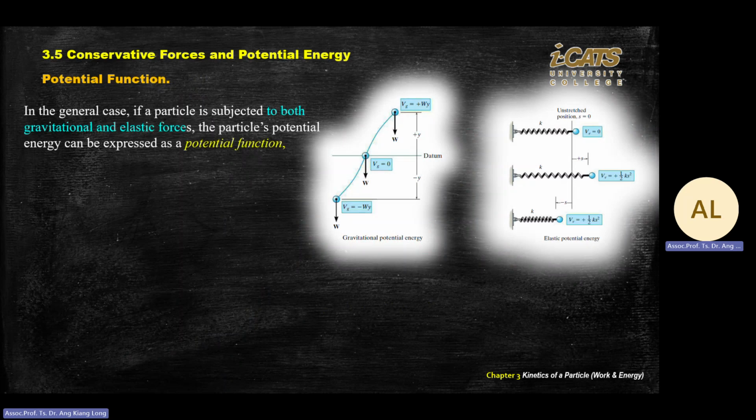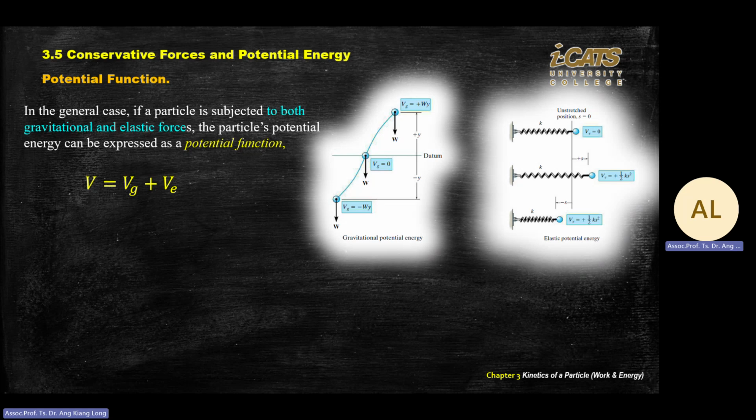We have two scenarios. Throughout this chapter 3, you will only see two scenarios, either W or spring. So since this chapter only discusses two, when the question asks you to use conservation of energy and potential energy, your total potential energy is a combination of gravity or weight and the elastic energy of the spring.